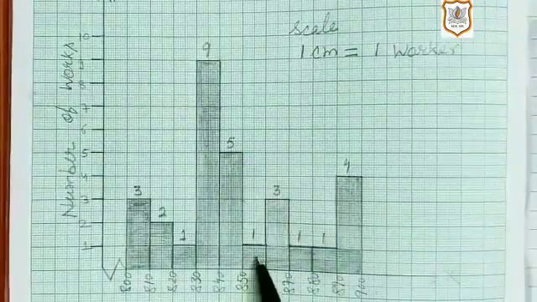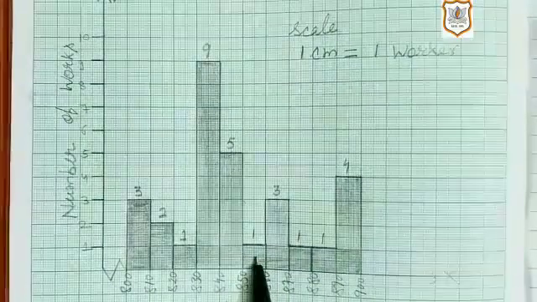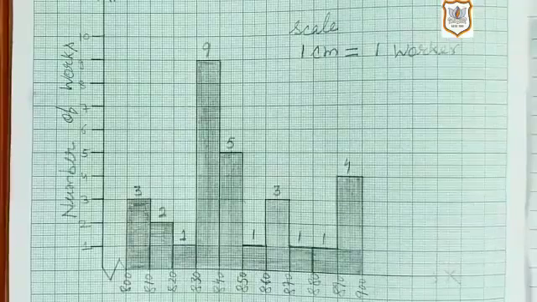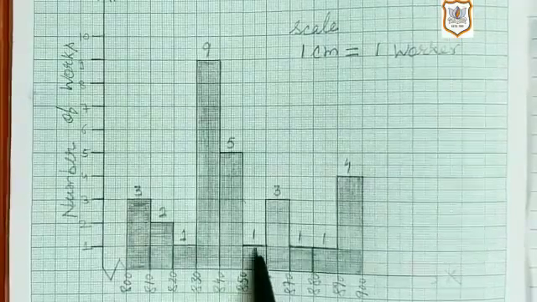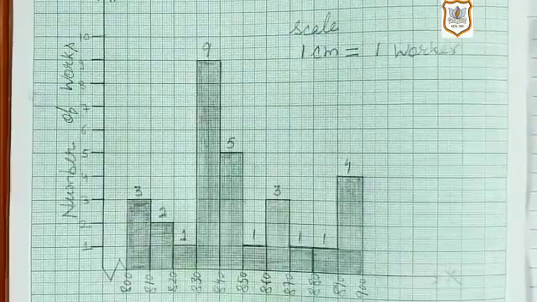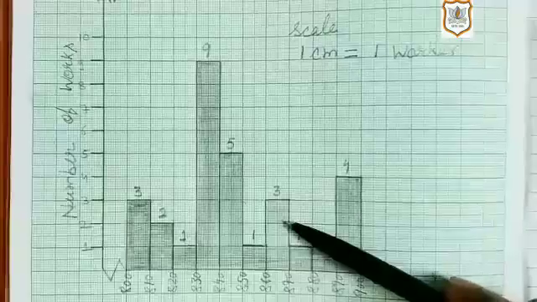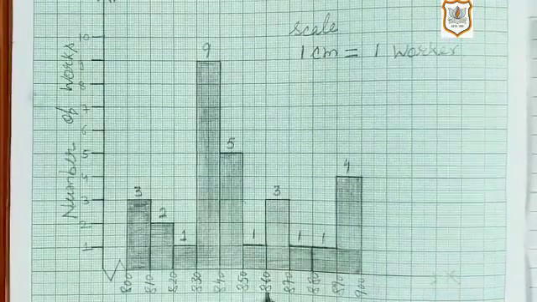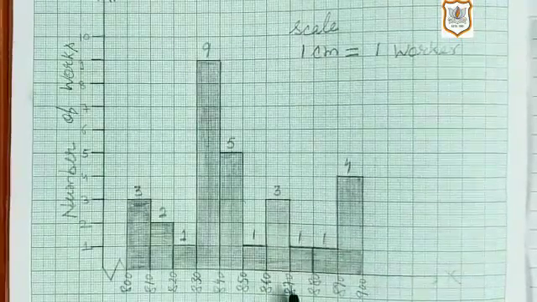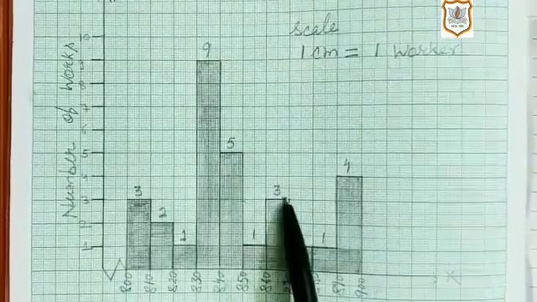The height of this bar shows the frequency of class interval 850 to 860, that is 1. For 860 to 870, it is 3.